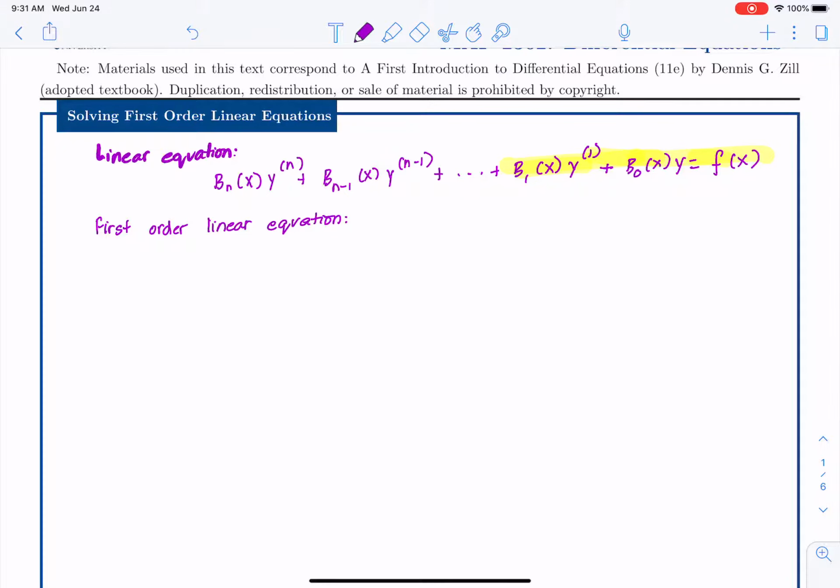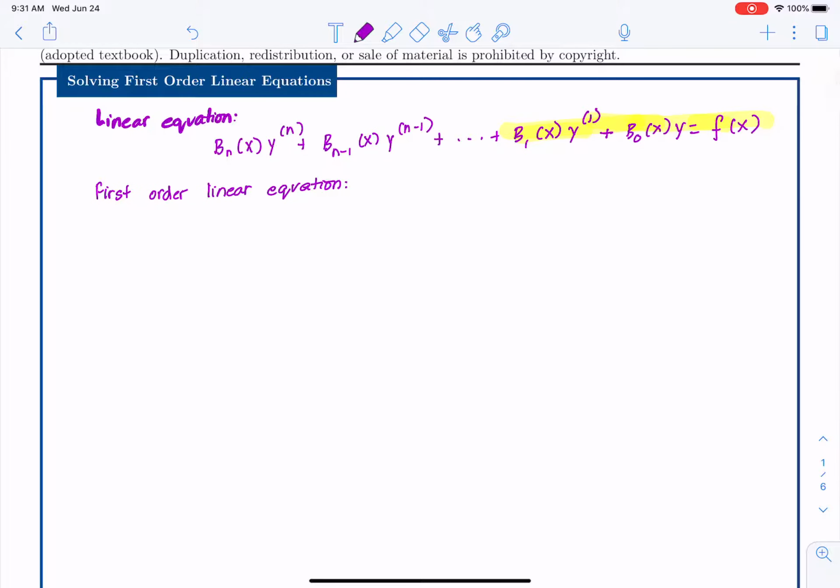So, suppose we have a function of that sort, and we have b_1(x), the first derivative, I'll call it y prime, b_0(x) y equals f of x. I'm going to divide both sides by b_1 of x.